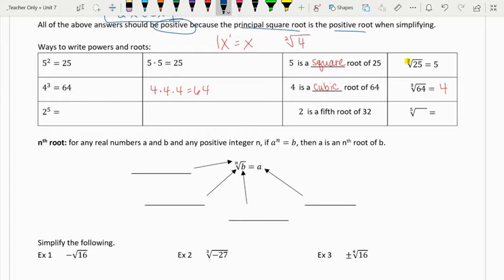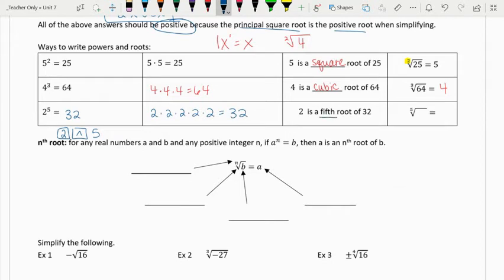So 2 to the 5th, that means we're going to type in our calculator 2 and then that little arrow key and then 5, right? So 2 to the 5th, or 2 times itself 5 times, gives me 32. So 1, 2, 3, 4, 5 gives me 32. So it is the 5th root.